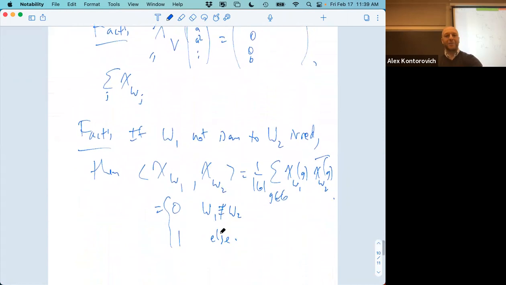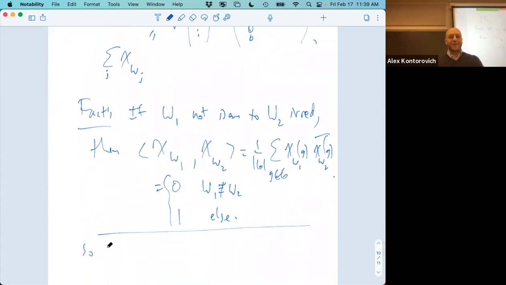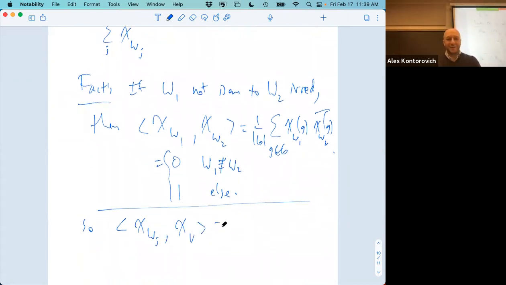That's because if I take the inner product of chi WJ with chi V, this is a sum over J prime of chi WJ with chi WJ prime, which is 1 or 0 depending on whether WJ is isomorphic to WJ prime or not.